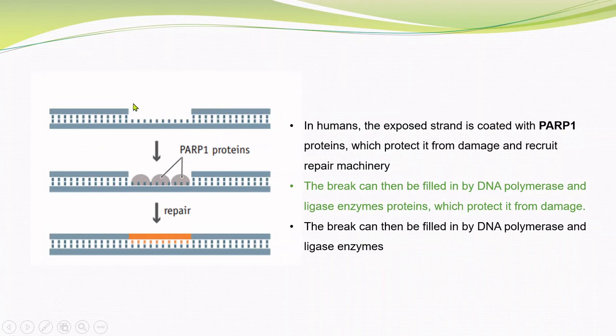When there is a break in the DNA strand, as shown here, the exposed strand is coated with proteins called PARP1 proteins, and these proteins protect the damage and also recruit the repair machinery.